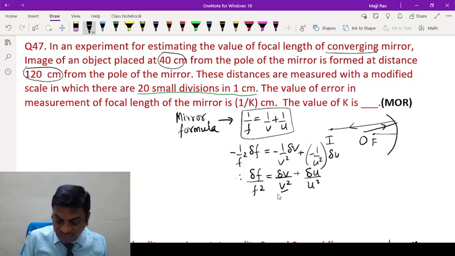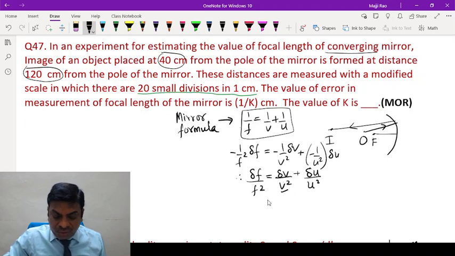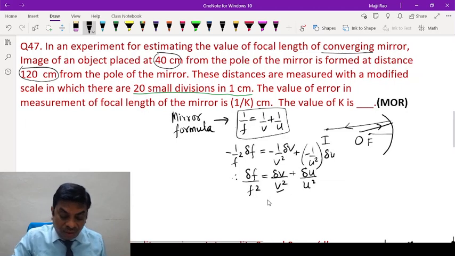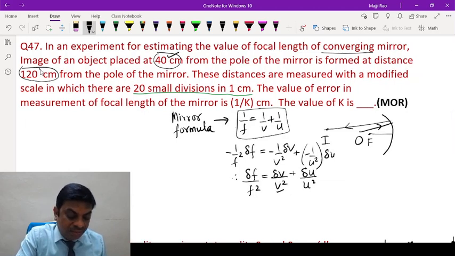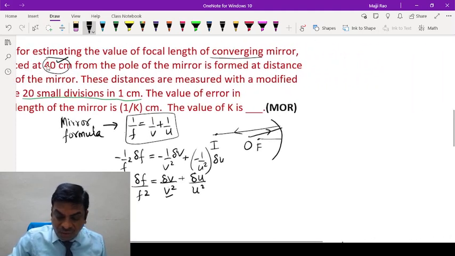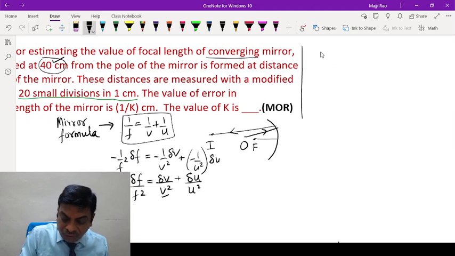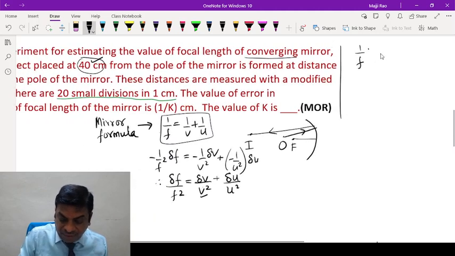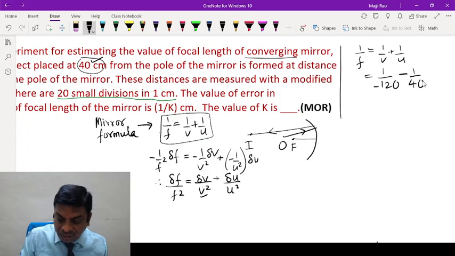Now we require f, isn't it? So we have to apply the mirror formula because object distance is 40 cm, image distance is 120 cm. So we can find f. So 1 by f is equal to 1 by v plus 1 by u. So v is minus 120 and u is minus 40.